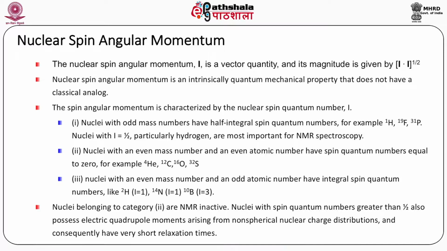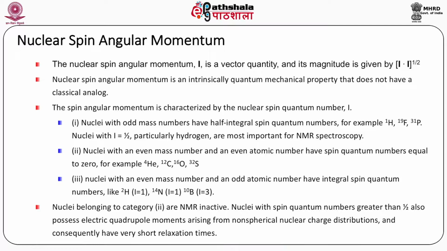The spin angular momentum is characterized by the nuclear spin quantum number I, and there are certain features. For example, nuclei with odd mass numbers have half integral spin quantum numbers. For example, proton 1H, 19F fluorine, 31P phosphorus.